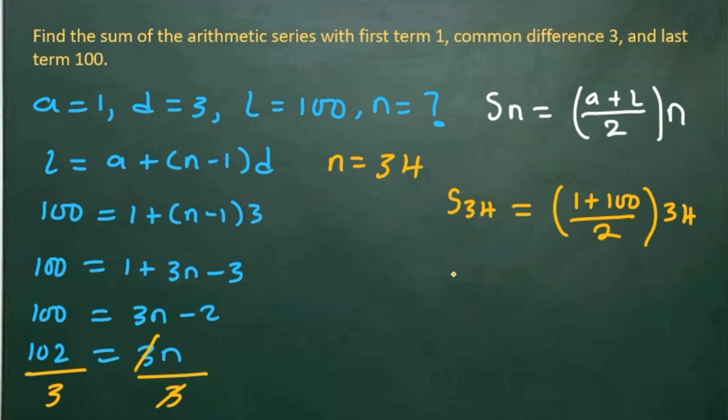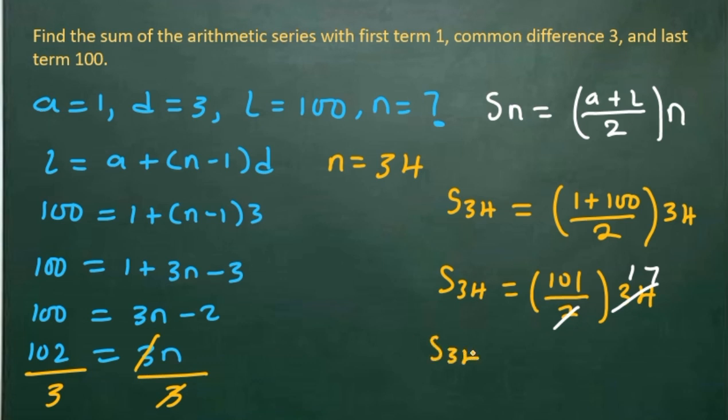All right, so this is going to give us the sum of the 34 terms equals 101 divided by 2. So 1 plus 100 gives us 101 times 34. Now notice that the 2 is gone, and 34 divided by 2, we are going to have 17. So this is going to give us the sum of the first 34 terms, 101 times 17.